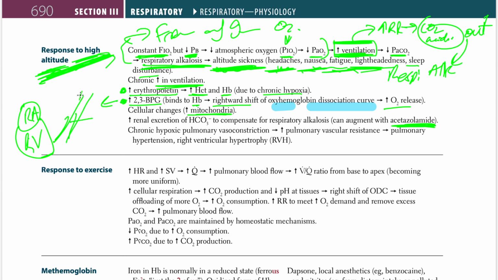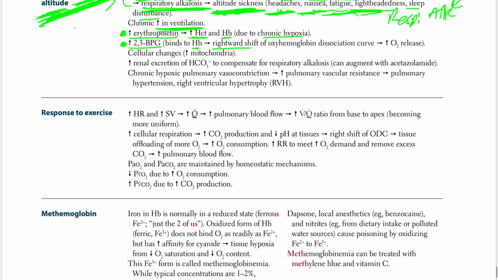Now, because these vessels are not getting enough oxygen, they're going to go into vasoconstriction. When they vasoconstrict, the right ventricle has to push way too hard to push that blood into these pulmonary vessels, the pulmonary artery. So the right ventricle is going to get big. So here it is, right ventricular hypertrophy. Okay, now the next one is about response to exercise.